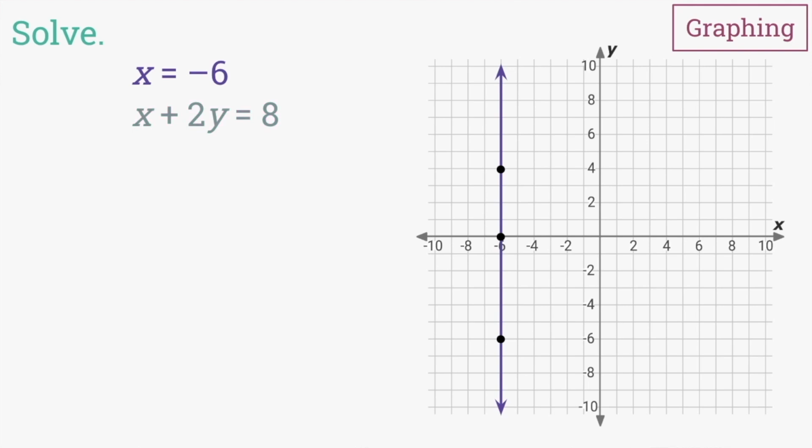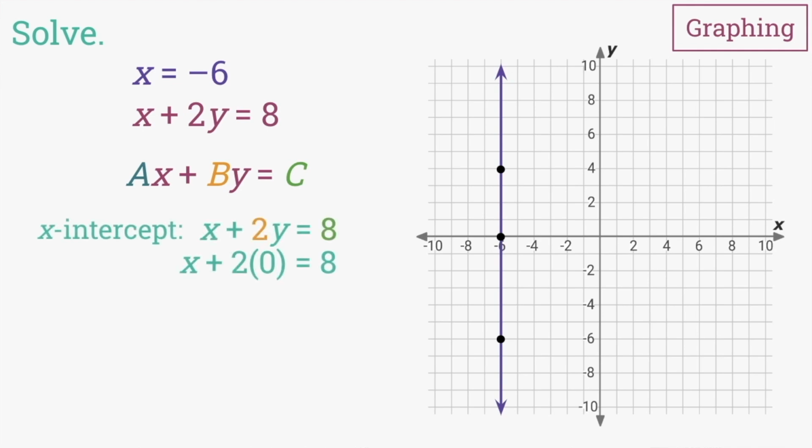The other equation, x plus 2y equals 8, is written in standard form. So to graph this line, let's find the x and y intercepts. To find the x-intercept, we'll set y equal to 0. We get x plus 2 times 0 equals 8. And simplifying, we see that x equals 8. So let's plot the point (8, 0) on the graph.